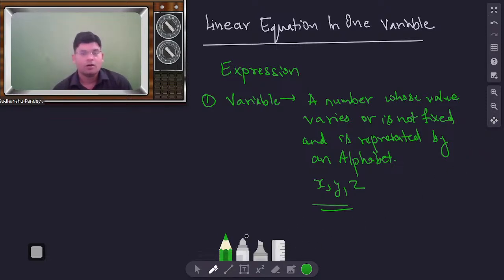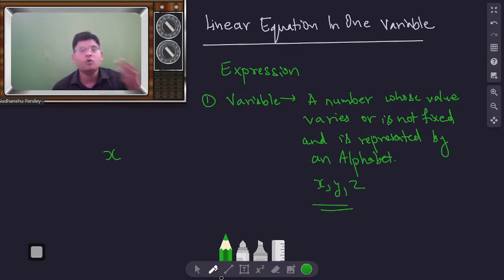Now if I am doing some operations on this variable, suppose let me think of a variable X. It means that I am thinking of a number whose value is not fixed. You may think 1, you can think 2, you can think any number, negative 5, negative 5 by 2. X can take any values. Are you getting it? So X is an expression.